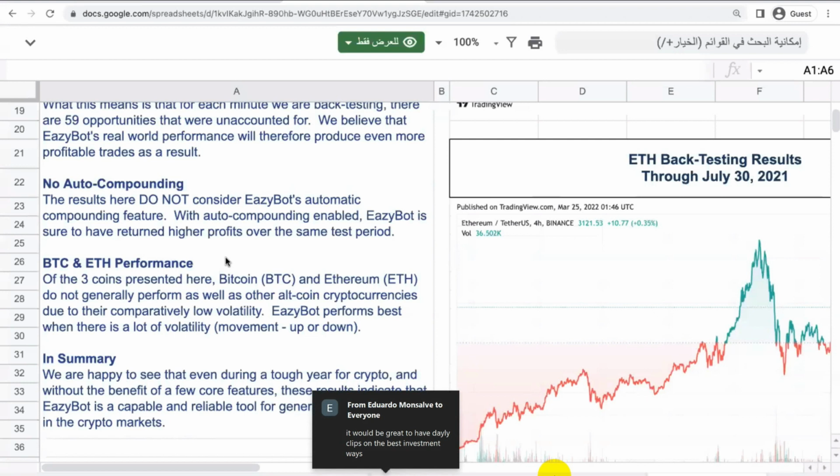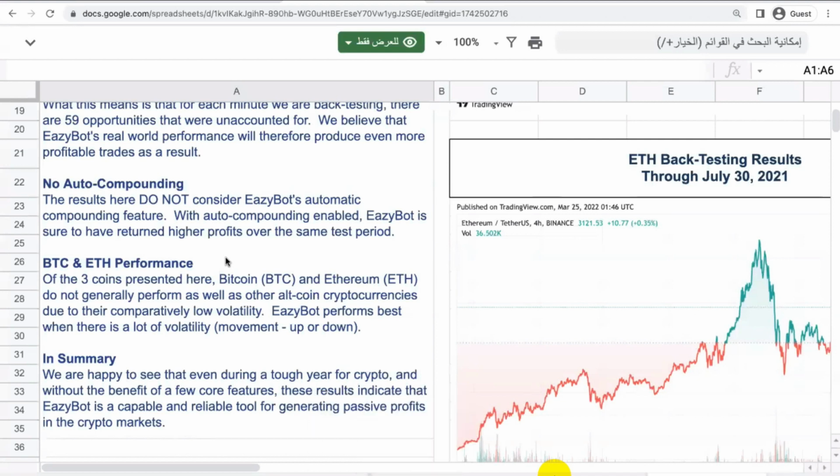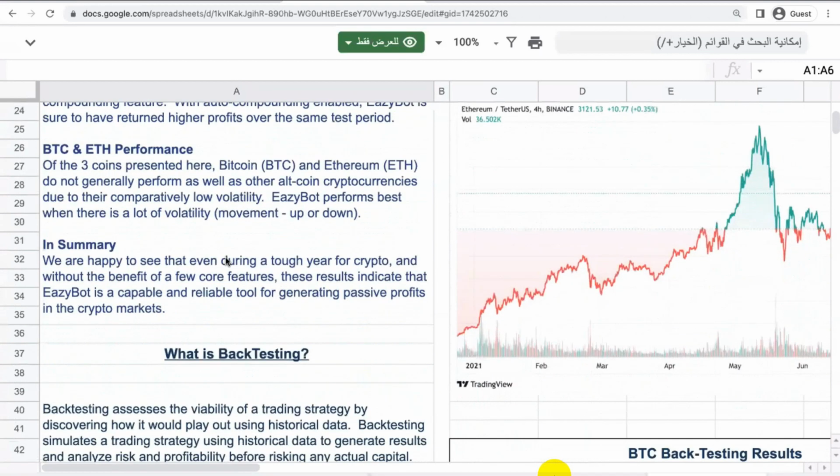The other thing is Bitcoin and Ethereum. Of the 3 coins that were tested, 2 of them are Bitcoin and Ethereum. Those were chosen intentionally. Here's what you should know about them. Bitcoin and Ethereum do not generally perform as well as other altcoins due to their comparatively low volatility. Eazybot performs best when there is a lot of volatility, a lot of movement up and down.